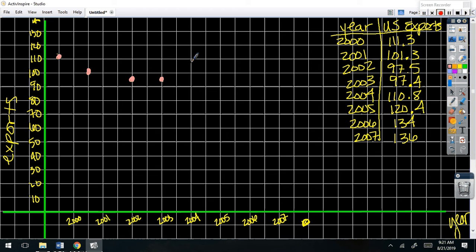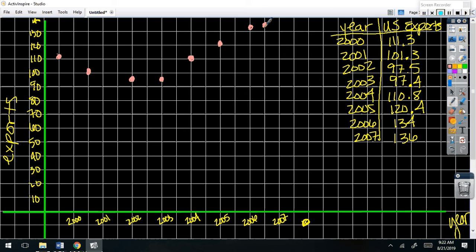110, 120, 134, 136. So it's a lot easier to see here that it dipped down and then started to grow again, and it's starting to even back off in 2007, 2006.